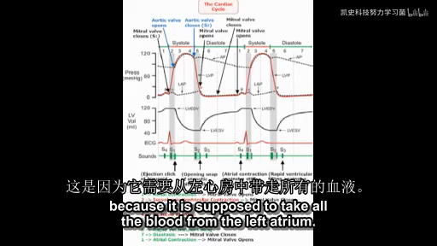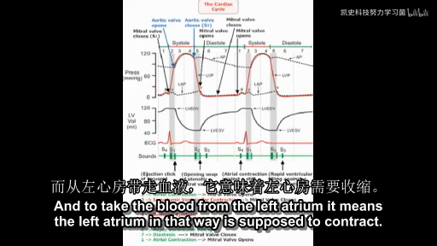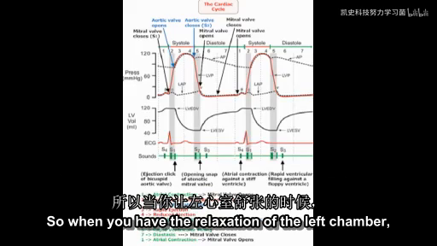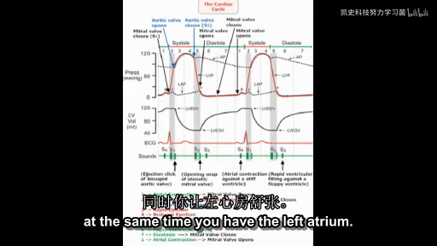Because it's supposed to take the blood from the left atrium, which means the left atrium is supposed to contract. So when you have relaxation of the left chamber, at the same time you have contraction of the left atrium.